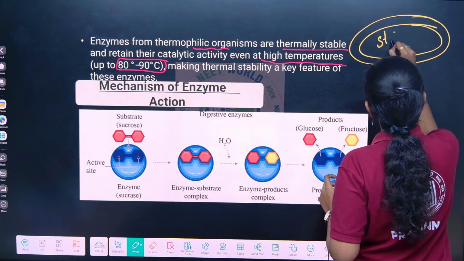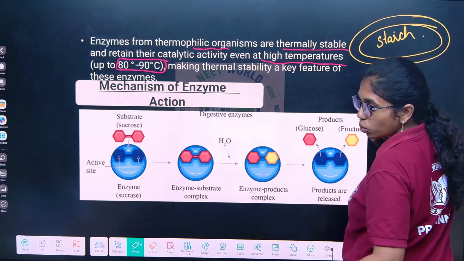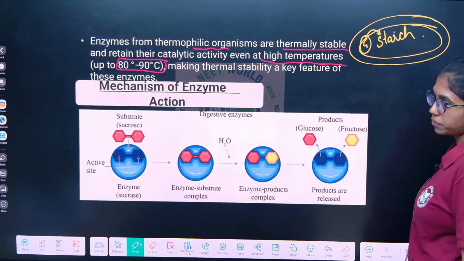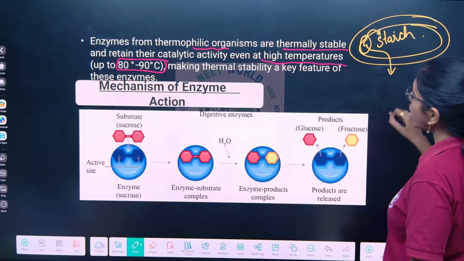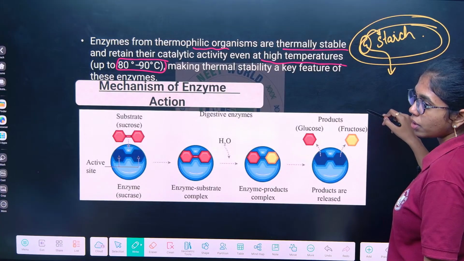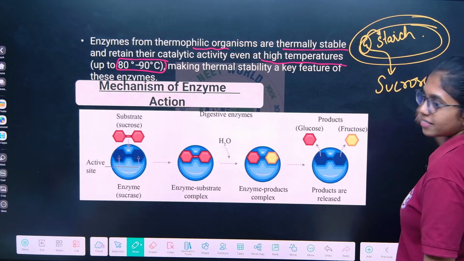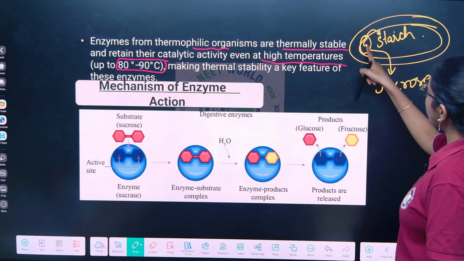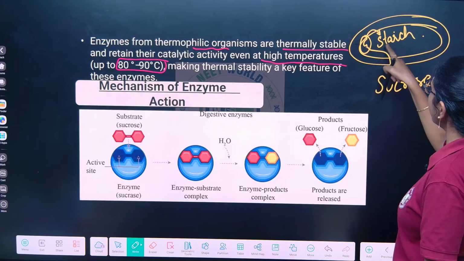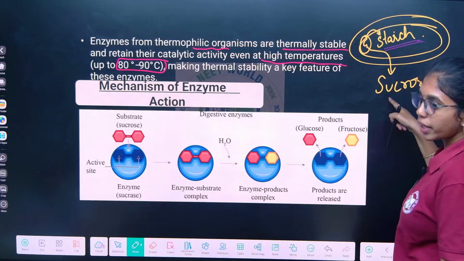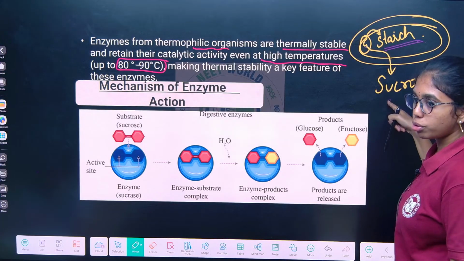Starch is stored as food material, yes or no? After glucose formation, if it has to be stored, it will be stored in the form of starch. If it has to be transported, it will be transported in the form of sucrose.